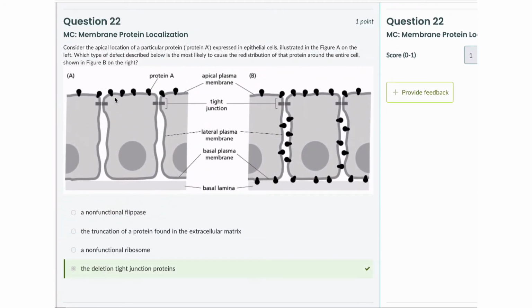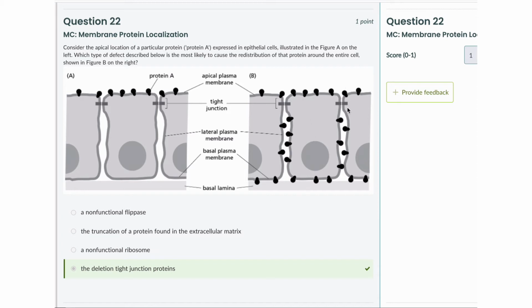Question 22. Consider the apical location of a particular protein. Here it is, protein A in image A, expressed in epithelial cells, illustrated in figure A on the left. Which type of defect described below is most likely to cause a redistribution of that protein around the entire cell?